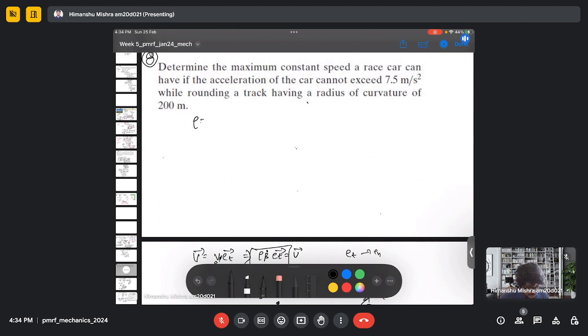So here we have given rho which is 200 meter, and we have given the acceleration which is 7.5 meter per second square, and it is said that the speed is constant.